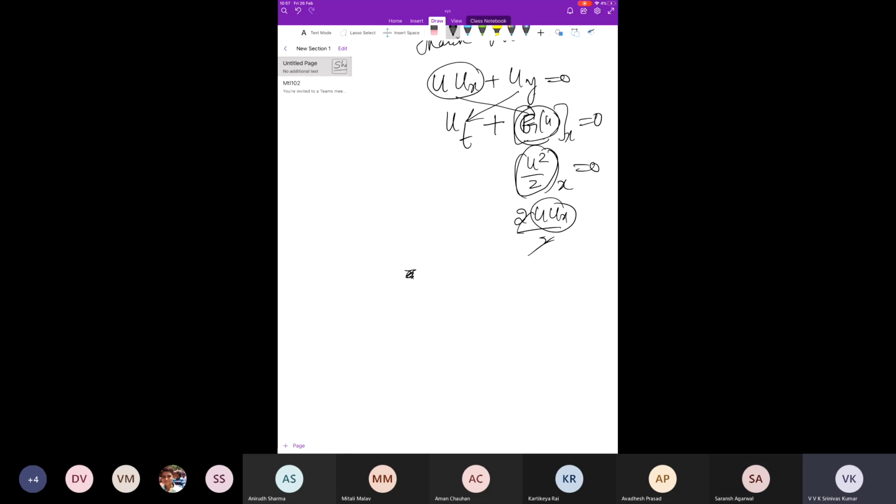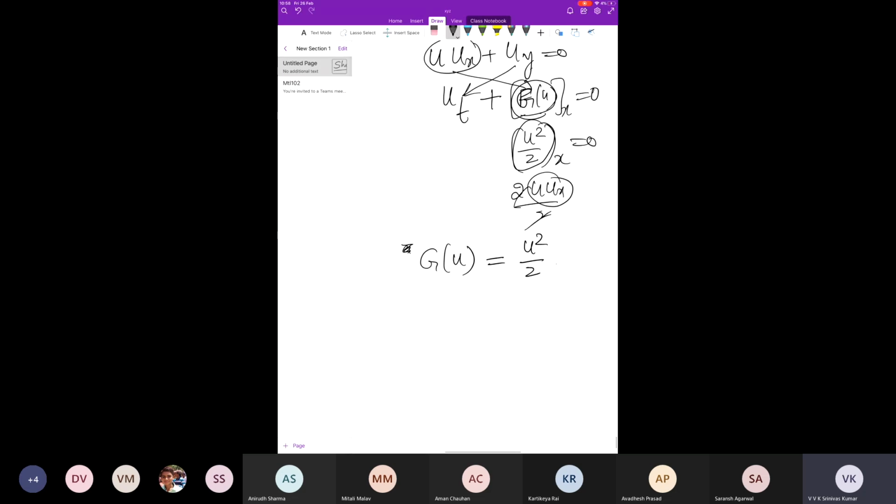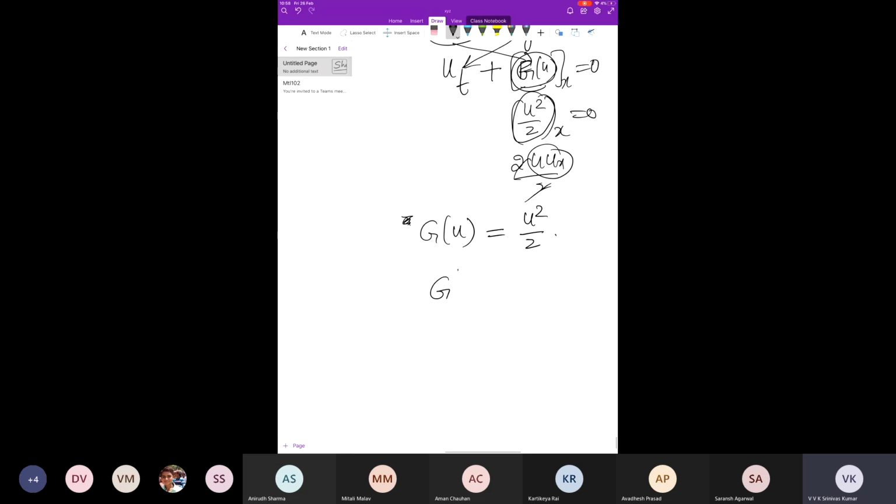In the wedge-shaped region in between, what is the function? How did we get it? By problem 5. What does problem 5 say? Problem 5 is the general g of u. In particular, our g is u square by 2 in this problem. So what is g prime of u here? g prime of u is just u. And what is our u(x,y) according to problem 5? It should be v of x by y.